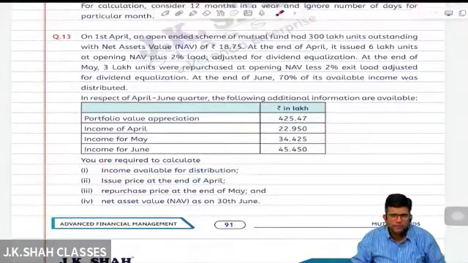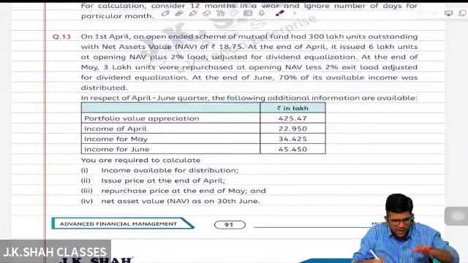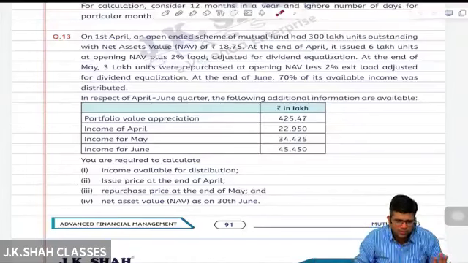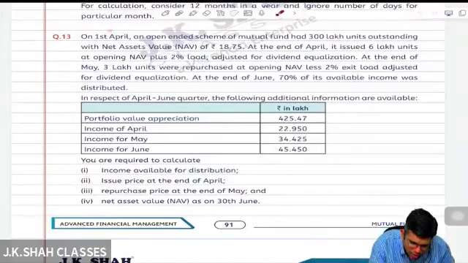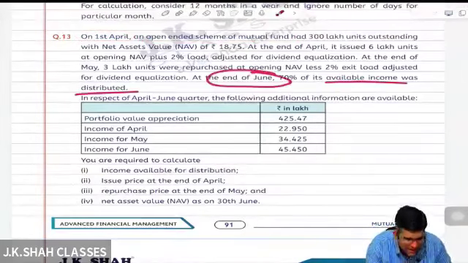You remember on the first day of mutual fund, I taught you that there are two types of incomes that will be considered for distribution. One is the dividends and one is realized capital gains. So these two incomes we will add and then distribute to our unit holders. Now, on 1st April we started the fund and they are telling you that you want to distribute the income at the end of June.